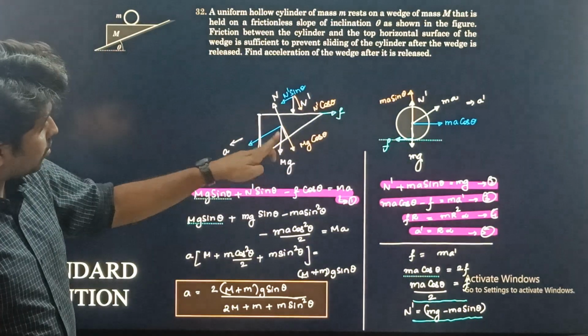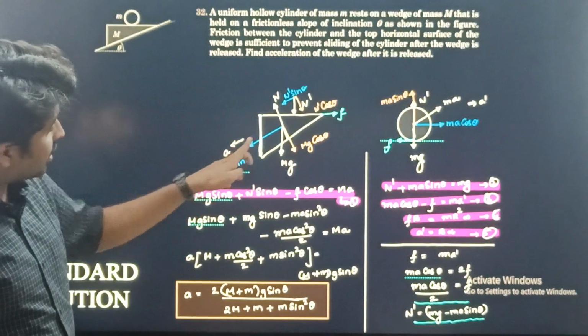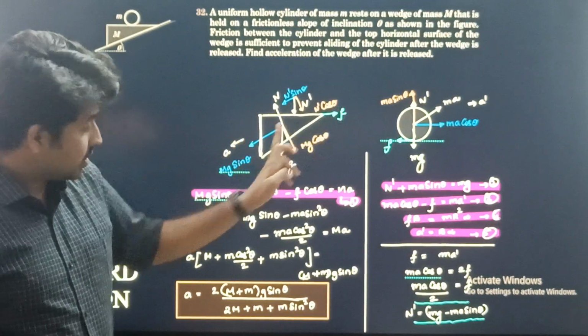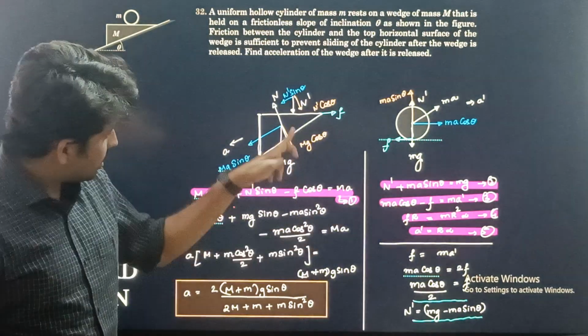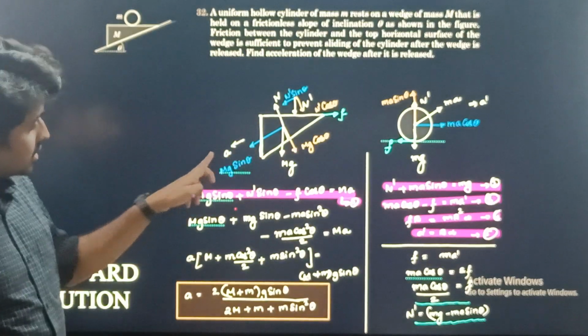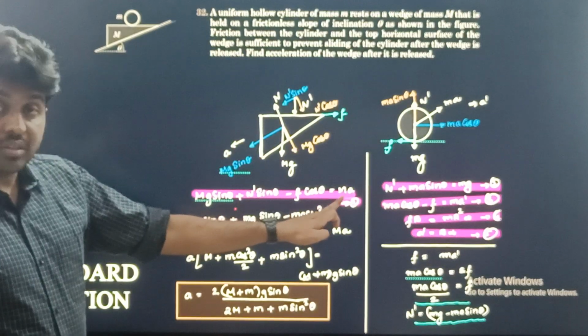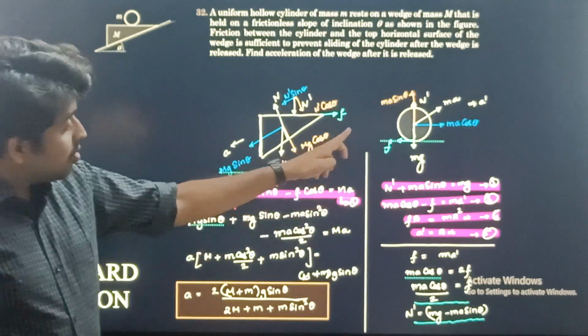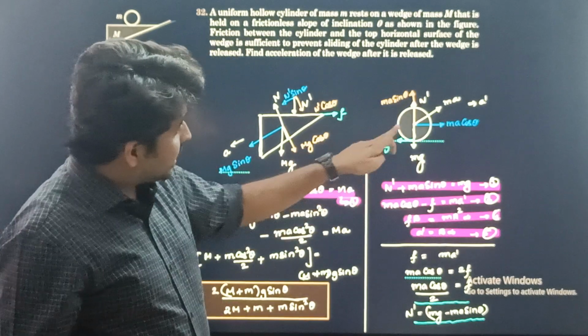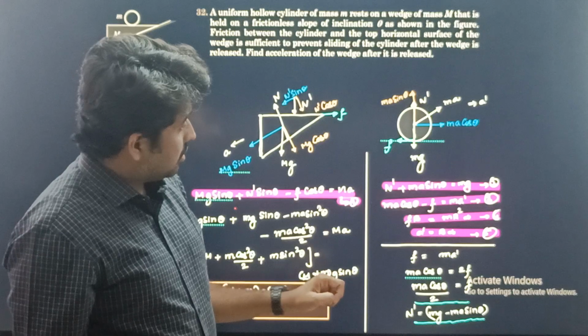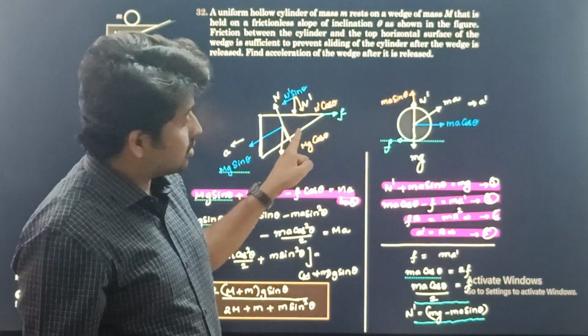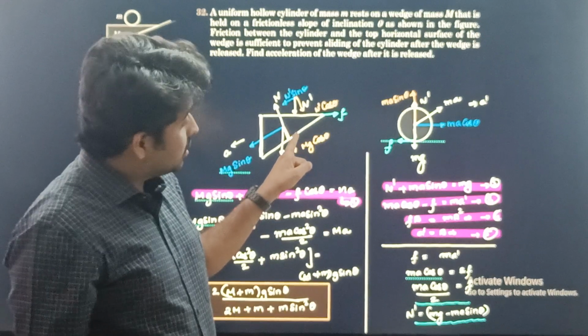Write the normal reaction force, mg, mark the acceleration, write the friction, and write the equation: net force along this direction equals mass into acceleration. For the cylinder on top, we take the motion of the cylinder with respect to the wedge, right?